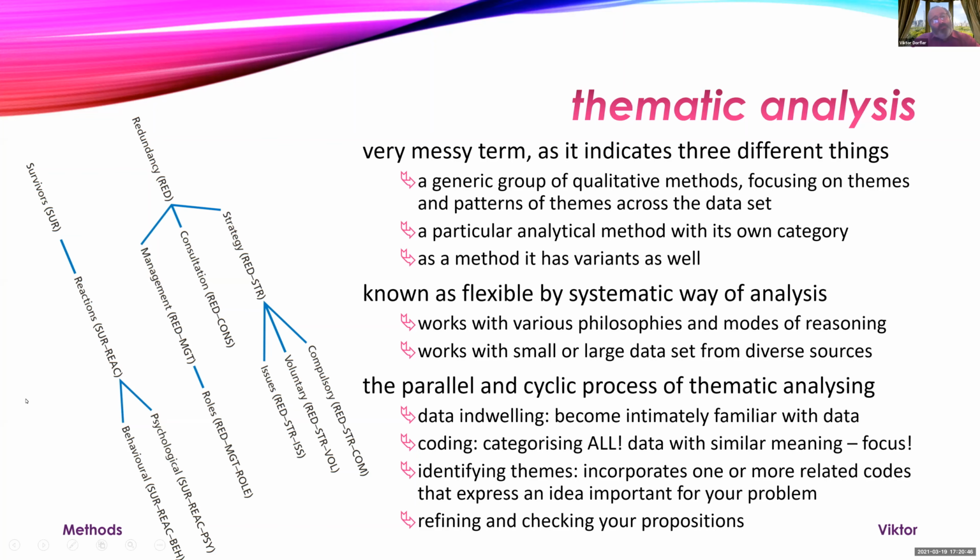Here in the picture, which I cut out from the Saunders book, you see how you do the codes if you are using thematic analysis. You can do it from the top or from the bottom, depending on what you see first in your data.